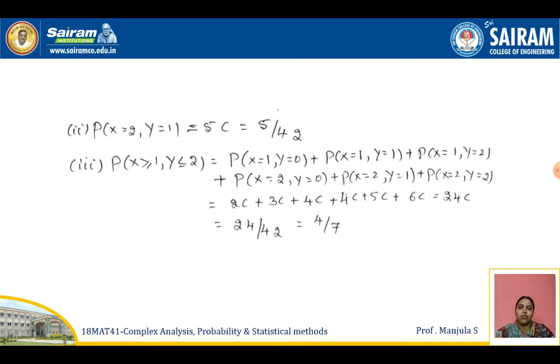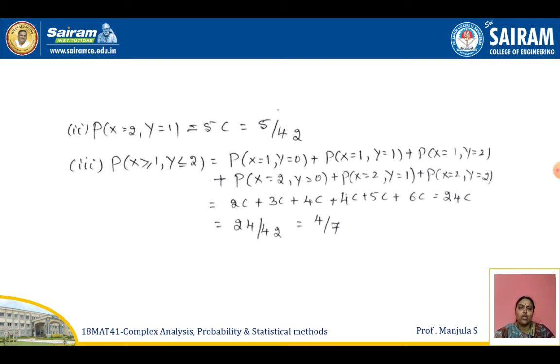And next, the probability of x greater than or equal to 1 and y less than or equal to 2. In that condition, what are all the values that come? x equals 1, y equals 0; x equals 1, y equals 1; x equals 1, y equals 2; x equals 2, y equals 0; x equals 2, y equals 1; x equals 2, y equals 2.